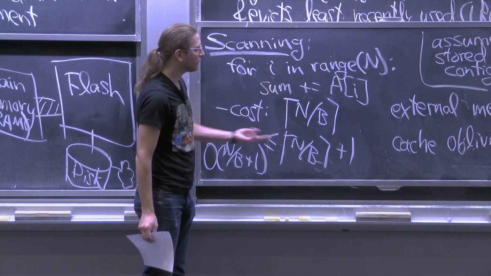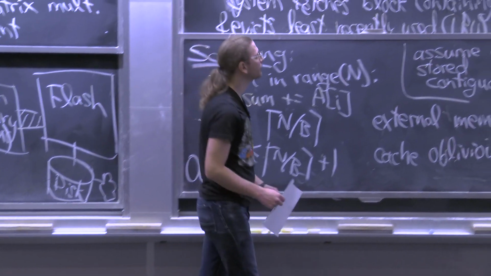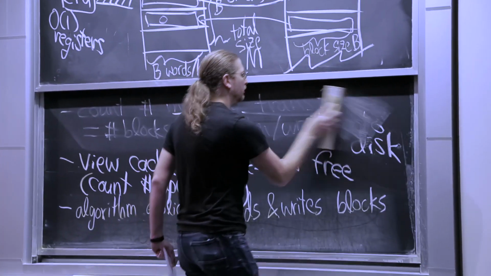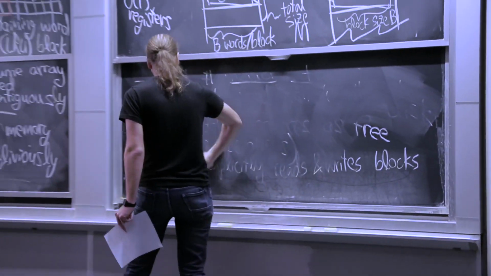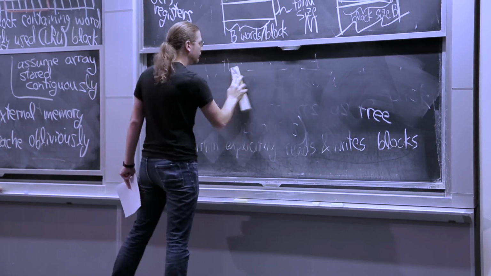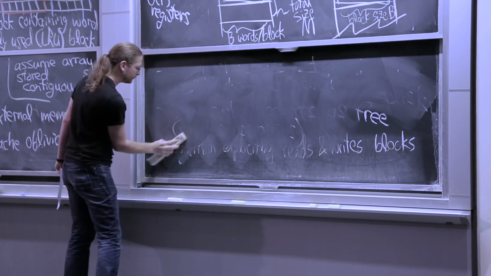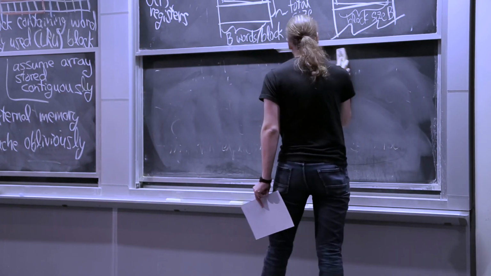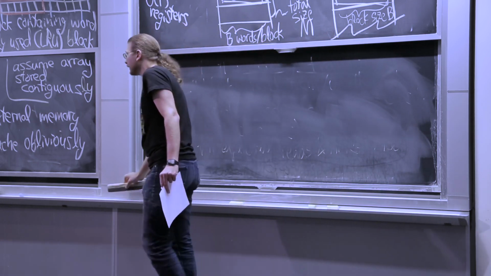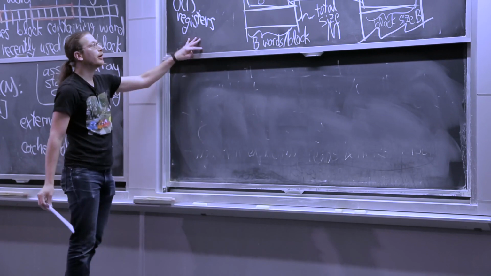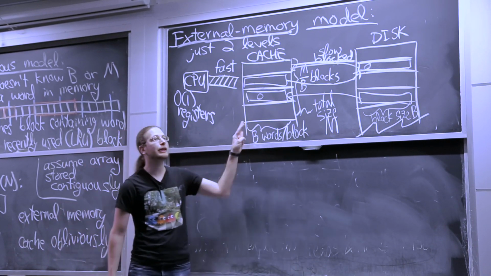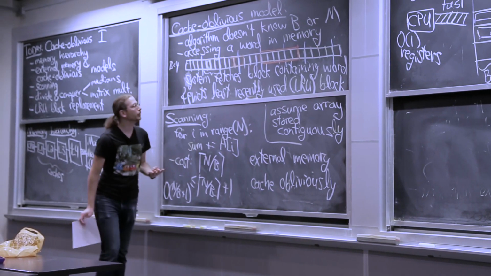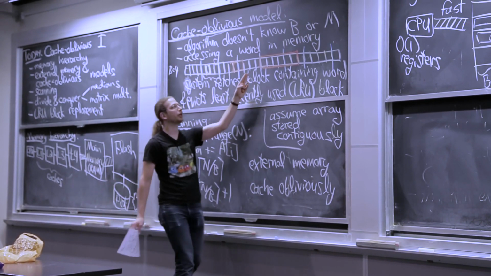So that's scanning, cache-oblivious, external memory, both great. Because in the external memory algorithm you're explicitly controlling the blocks, explicitly reading and writing them, and you know where the block boundaries are, you could, if you wanted to, choose the array to be aligned, starting at a block boundary.